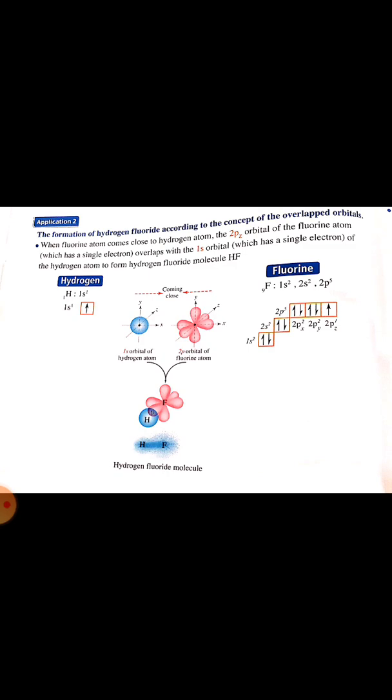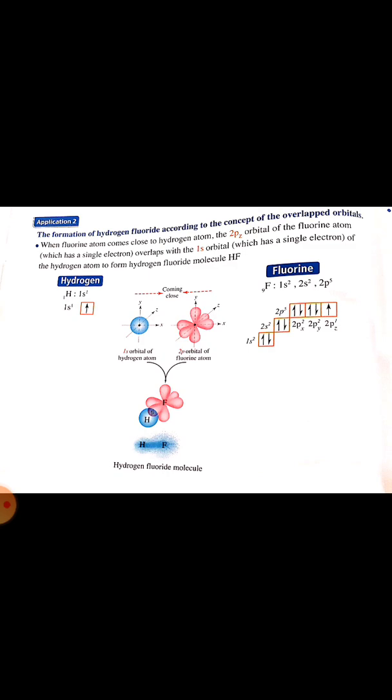Now, application number 2, the hydrogen fluoride molecule. Hydrogen is 1s1. It has just one orbital with a spherical shape that contains just one single electron. In the case of fluorine, look at the end, 2p5, we have 2pz1.